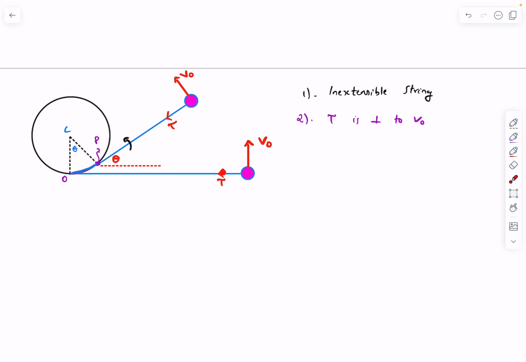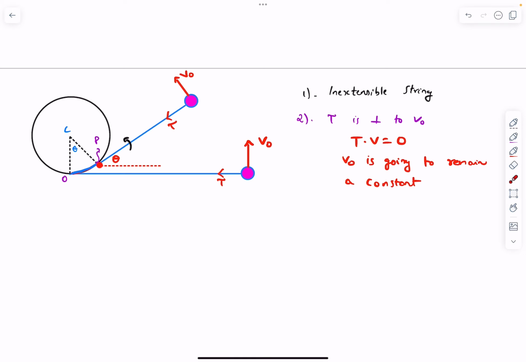If there was friction present, then V naught would have changed its magnitude, but here T and V are perpendicular. So in short, you can say T dot V is actually 0, meaning tension cannot deliver any power or do any work to change the velocity. So basically V naught is going to remain a constant.